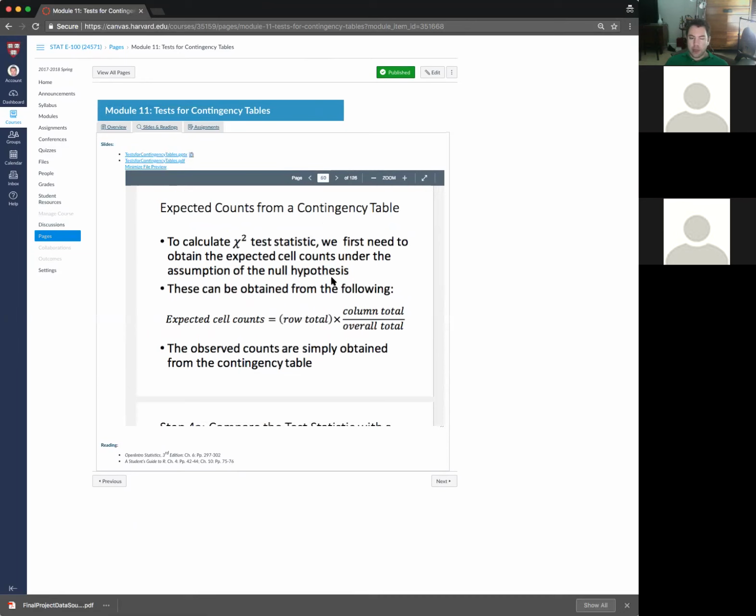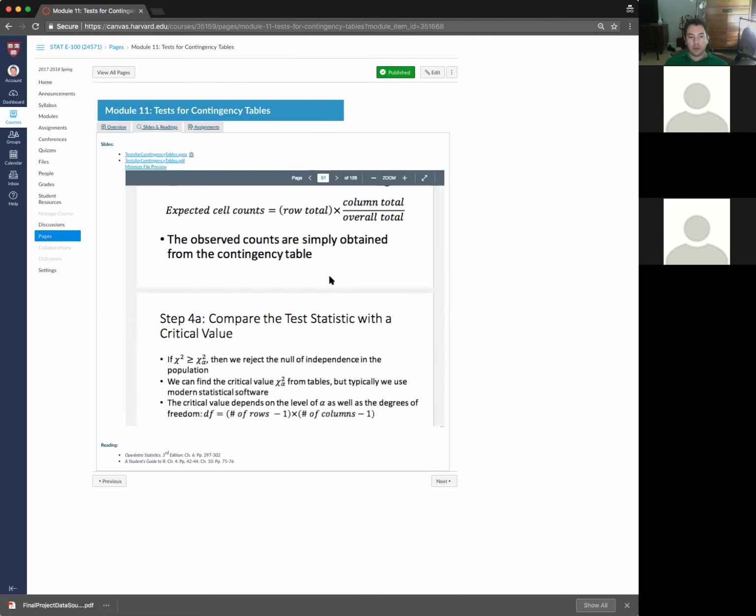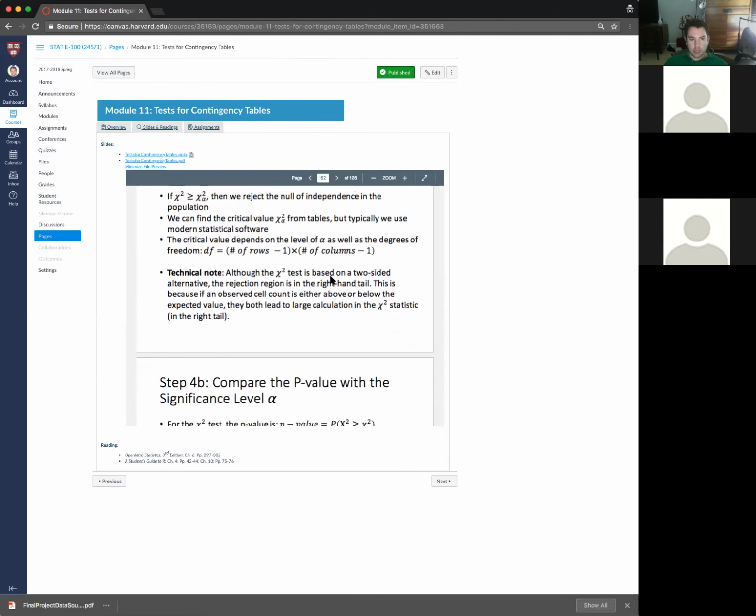And in order to do that with this test, we're going to use this formula. The expected cell count is equal to the row total multiplied by the column total over the overall total. And this is how we're going to calculate our expected cell counts from the contingency table. So we can go through that together.